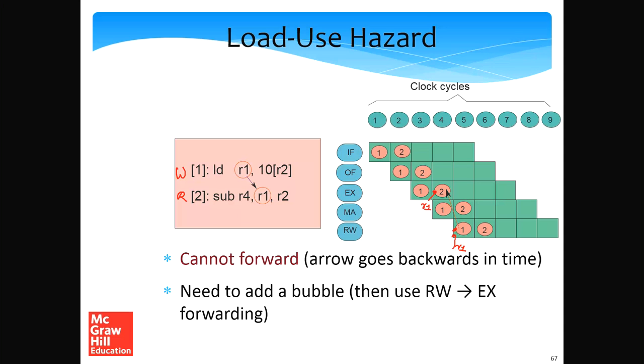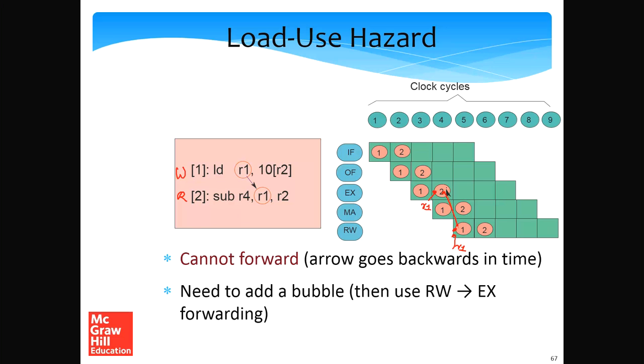Unfortunately, we cannot forward backward in time. All our forwarding arrows were in the same column, in the same cycle. We need the data at the beginning of cycle 4, and we actually have it at the beginning of cycle 5. We cannot forward the value from cycle 5 to cycle 4, because that would be tantamount to going backwards in time, which is not possible.